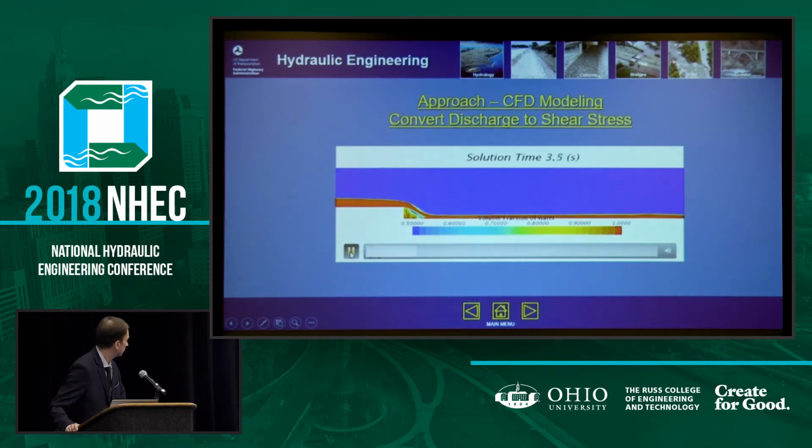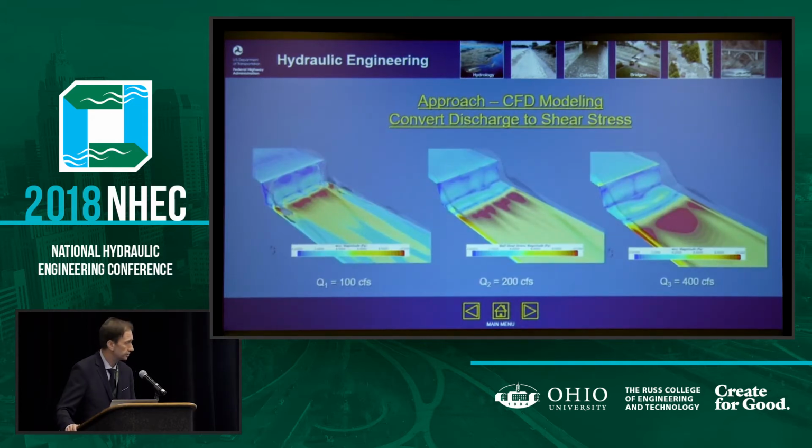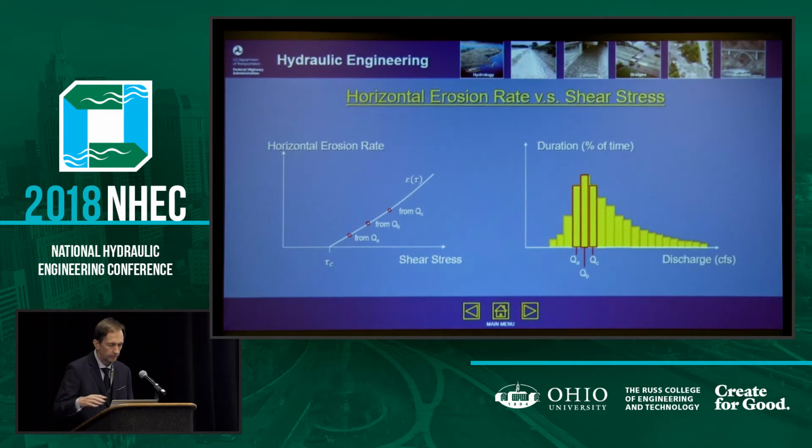This shows a CFD model of that head cut, and then we can compute shear stresses on the riverbed. Here we have the erosion rate curve, and all the flows which generate a shear which exceeds the critical shear generate that erosion volume.